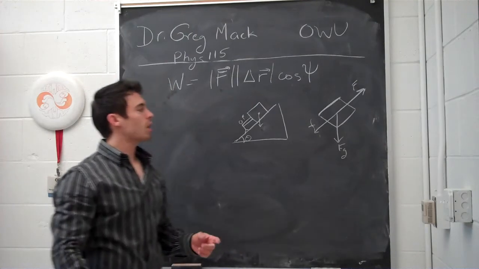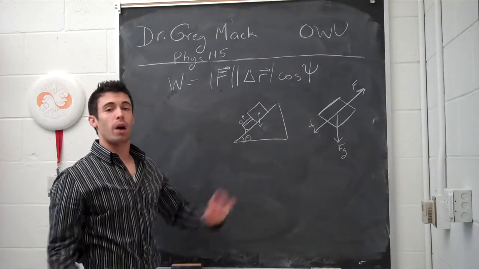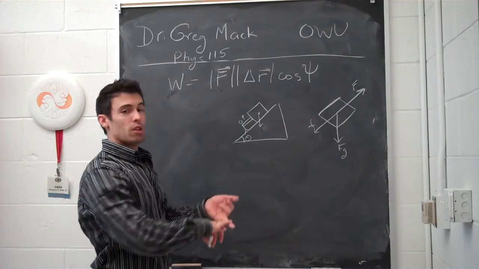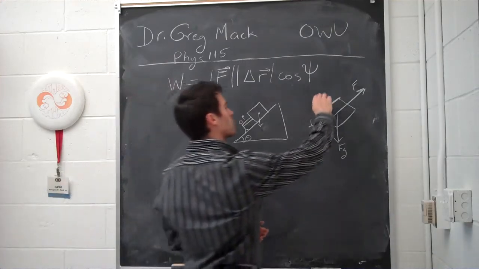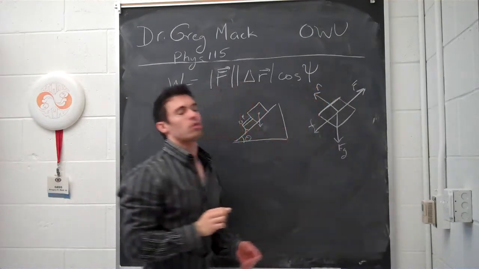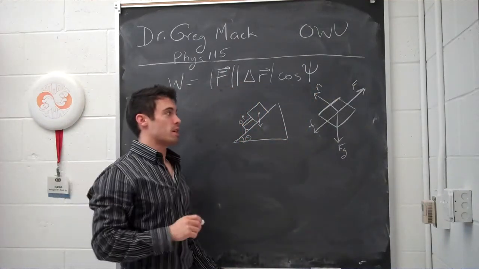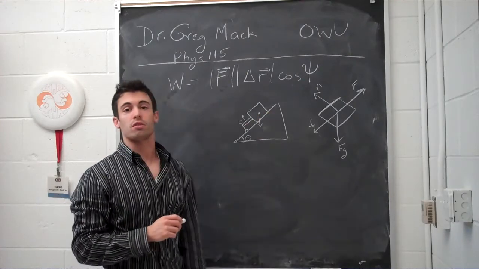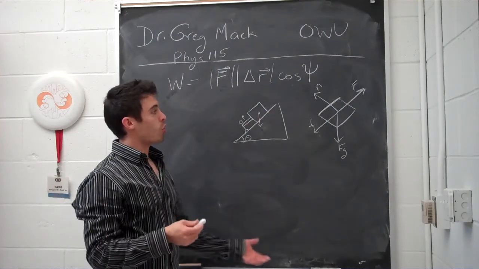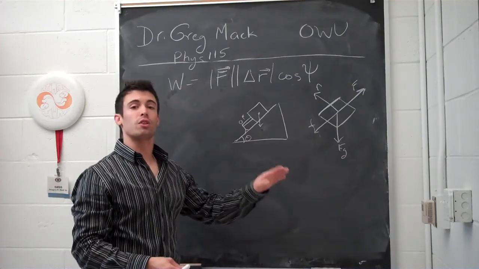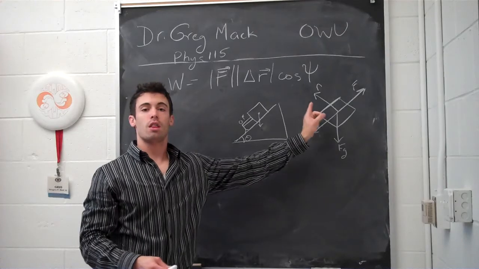And so you could talk about the work done by the person, the work done by friction, the work done by gravity, and also the work done by the normal force. Because the normal force is on there as well, since it is the response to the crate actually being on the surface. And since the normal force is perpendicular to the surface, it is coming out that way.